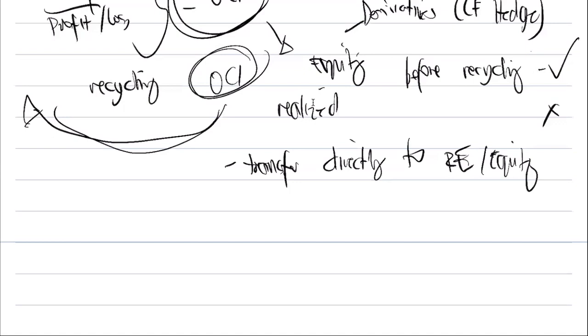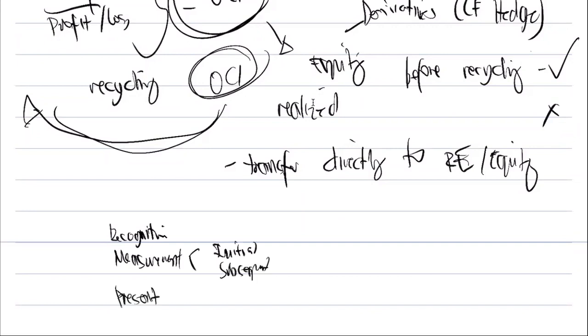I also told you as early as our introduction what we need to learn under conceptual framework and accounting standards: the recognition, when do we recognize an item, and then we need to measure it also. This talks about your initial and subsequent measurement, and how do we present and disclose the item.